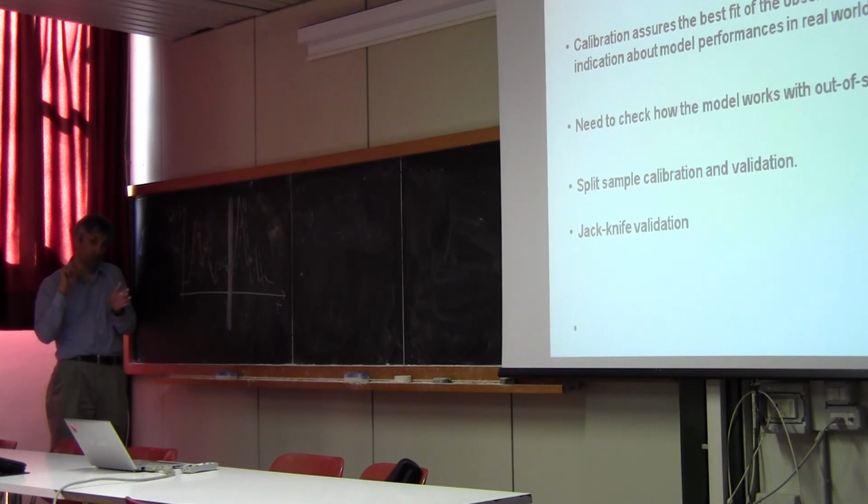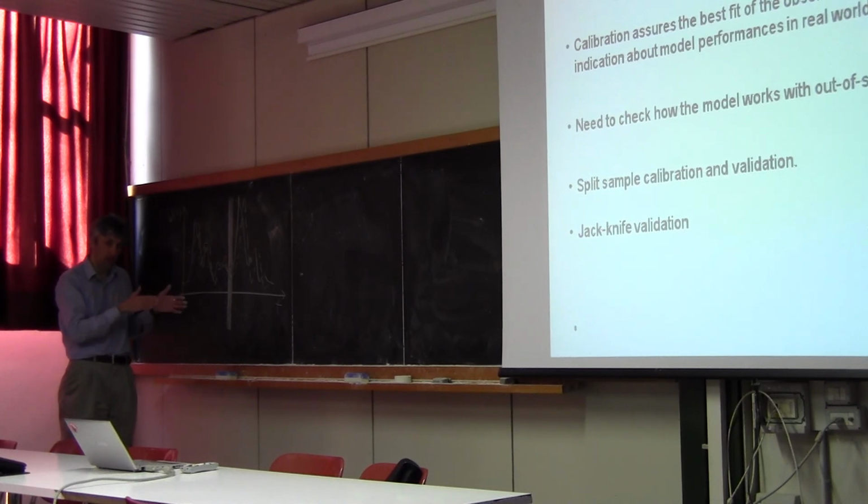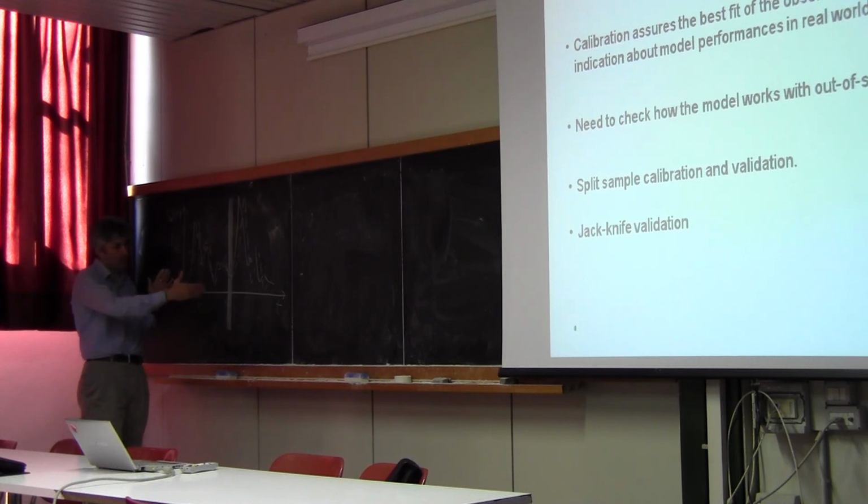And we can perform all the possible alternatives, meaning that I can keep the first year for validation and years from 2 to 10 for calibration, or I can get the second year for validation and years 1 and 3 to 10 for calibration, and I can change the validation period along the hydrograph. The validation period should be kept long enough, so I would say at least 1 year.